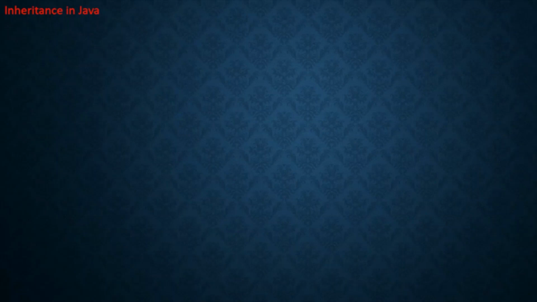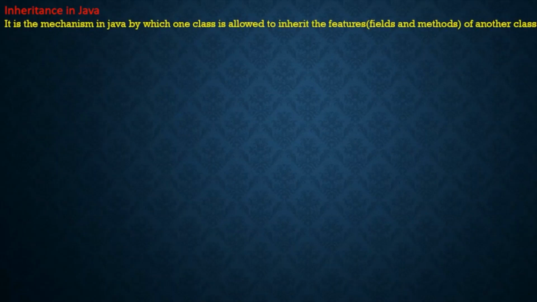So what do you mean by inheritance in Java? Inheritance in Java is a mechanism by which one class is allowed to inherit the features. Features means fields and methods of another class.